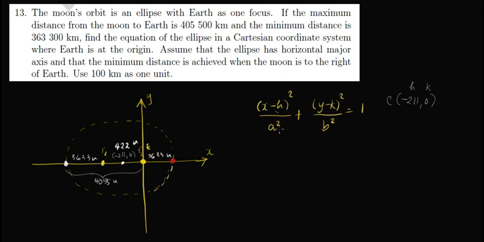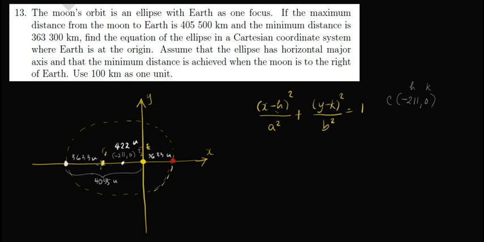Now we don't have the value for a. So how do we get a? Remember, a is the distance from the center to one of its vertices. So from center, one vertex. The question is, how long is this? This is 3,633. And from this point up to this point is 211.